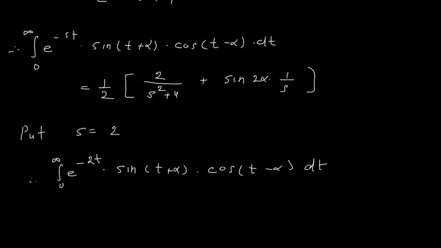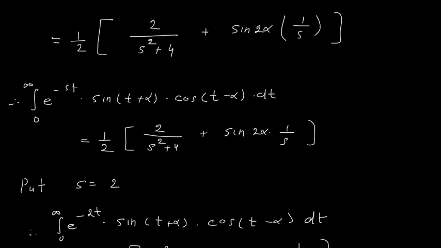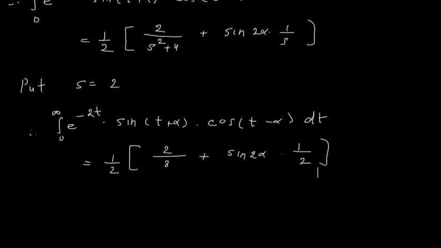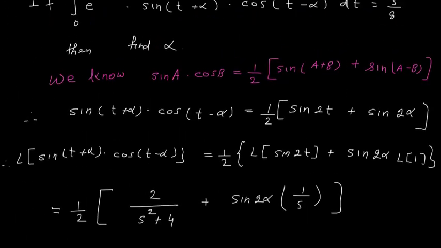We have replaced s with 2, so here we get 1 upon 2 into 2 upon 2 square plus 4, that is 4 plus 4, 8, plus sin 2 alpha into 1 upon 2. The value of this integral is given in the problem as 3 by 8.